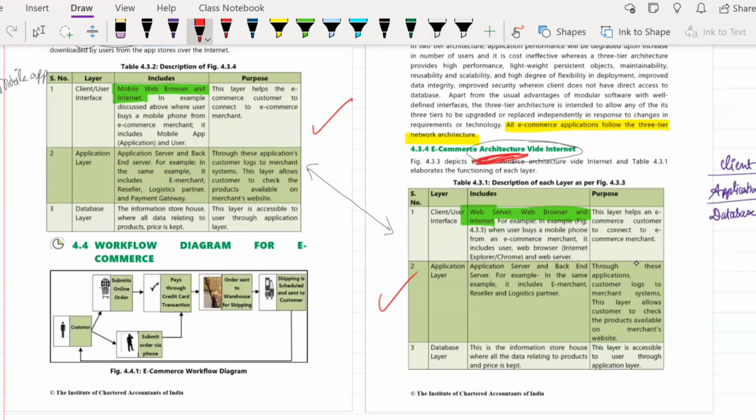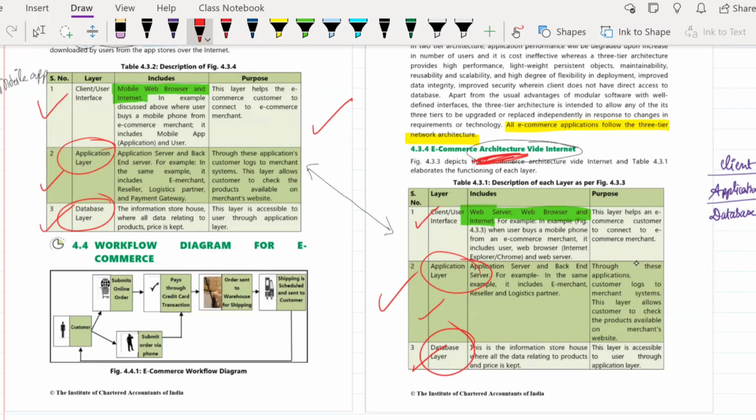There are three layers in both: client layer, application layer, database layer, and all three have the same functionalities also. The function of the application layer and database layer does not change, because only how you use the front end of your mobile phone or of your laptop is going to change.